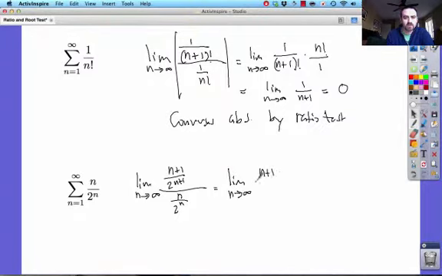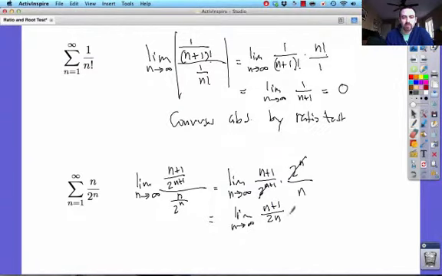So n plus 1 over 2 to the n plus 1 times 2 to the n divided by n. Alright, so we have 2 to the n, and this is 2 times 2 to the n. So the 2 to the n cancel, and we're left with the limit of n plus 1 over 2n.